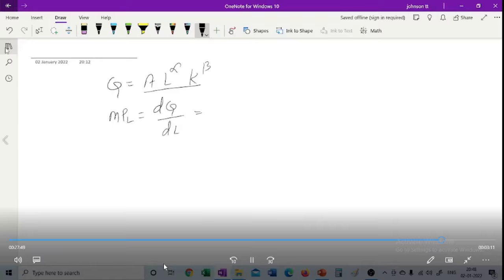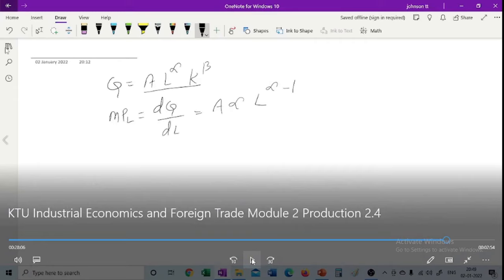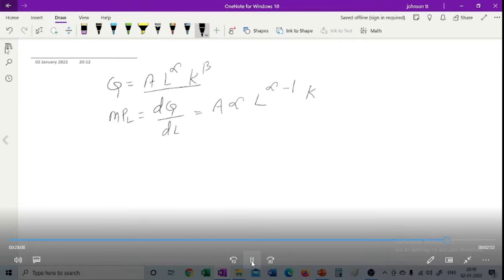A into, capital is constant, so A into alpha into L raised to alpha minus 1 K raised to beta. This is the first step.